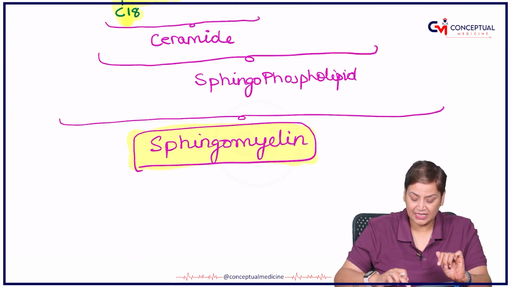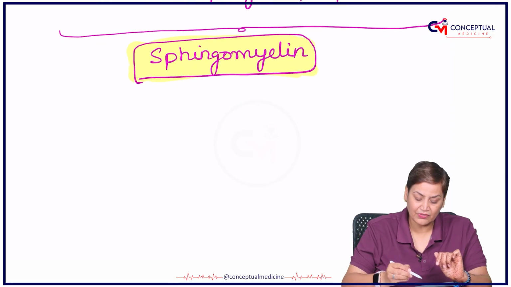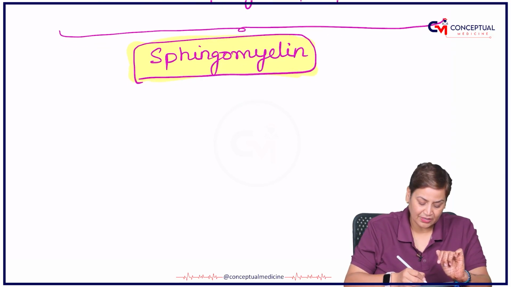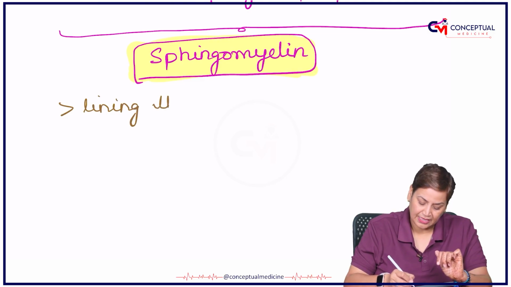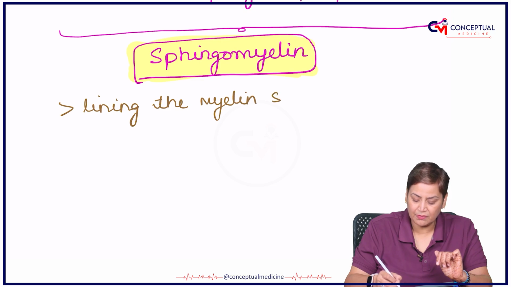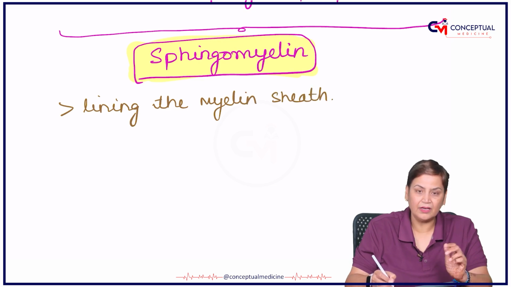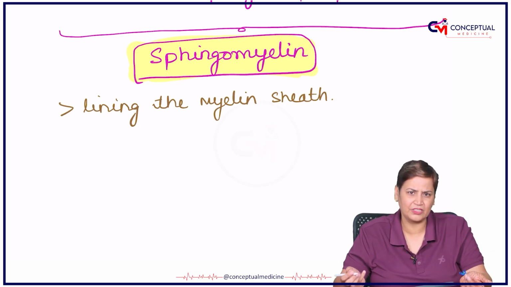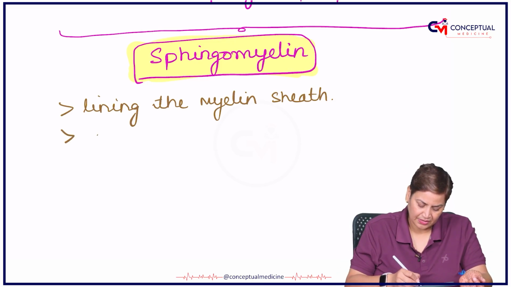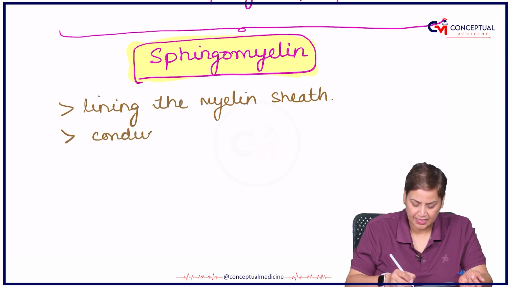As is clear from the word itself, sphingomyelin is the one which is lining the myelin sheath. So it is responsible for conduction also. Conduction, excitability, so many functions are there.